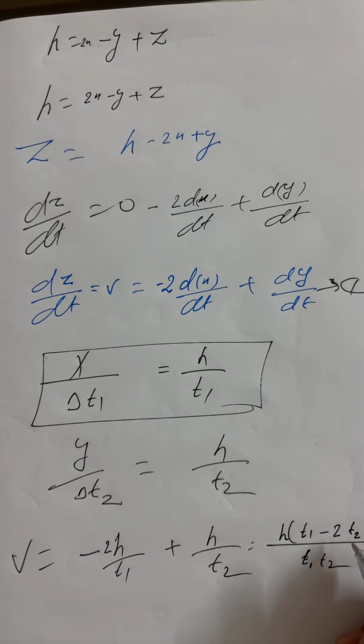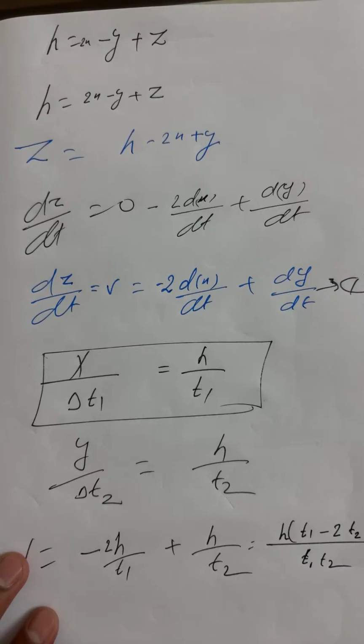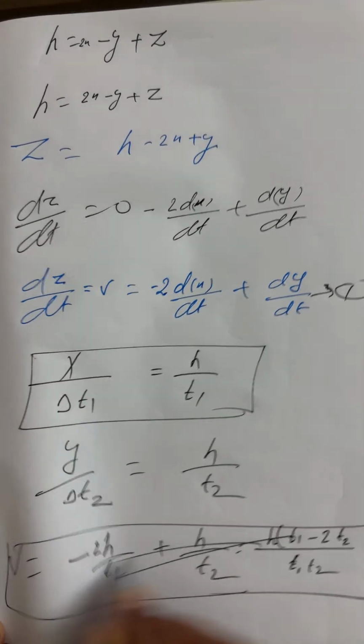So what is the answer mentioned in the question here? 2t1 minus t2 here. Yes, x by t1, correct. There is a little significant difference.